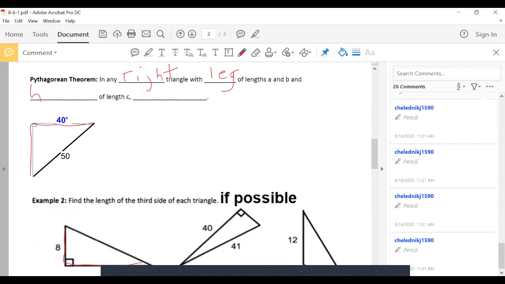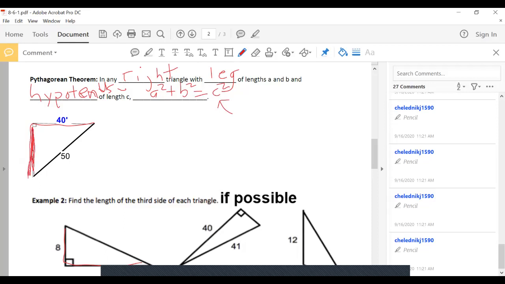And hypotenuse of length C, we have the equation A squared plus B squared equals C squared. This is always the longest side in the triangle. It's the hypotenuse, okay?